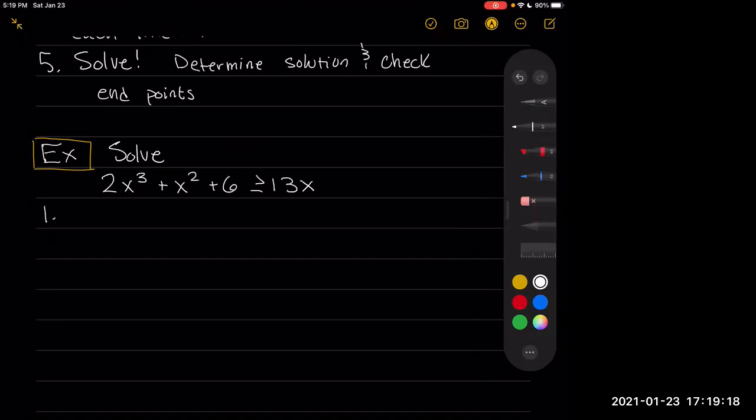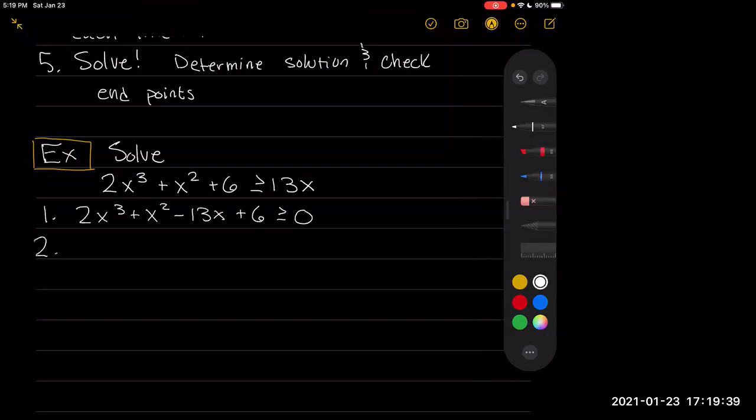So we're going to move this 13x over to get everything on one side. So we're going to have 2x cubed plus x squared minus 13x plus 6 is greater than or equal to 0. So here we subtracted our 13x from both sides of our inequality.